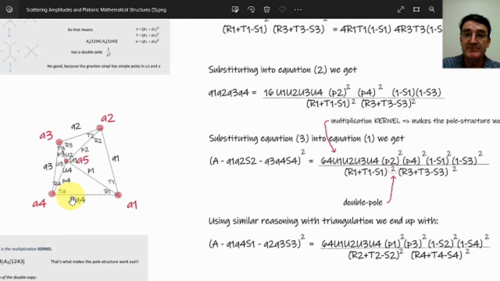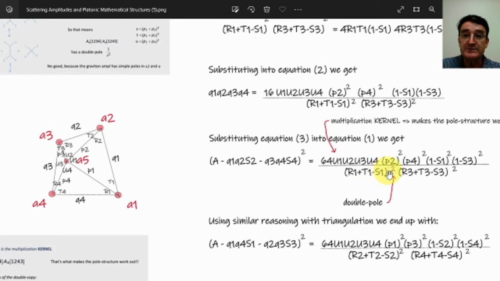And the same thing happens again when the point A5 goes to this boundary down here. Then we have U4 is 0 and R1 is 0. So in this equation here, the U4 is 0, and then R1 is 0, and we get T1 is equal to S1.